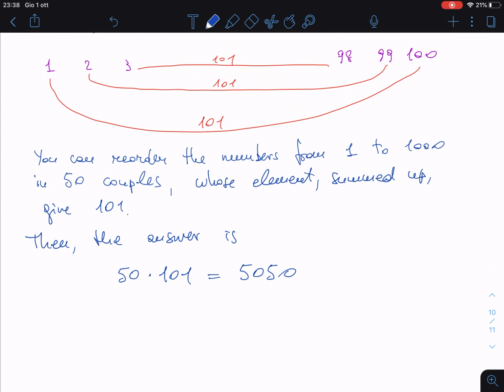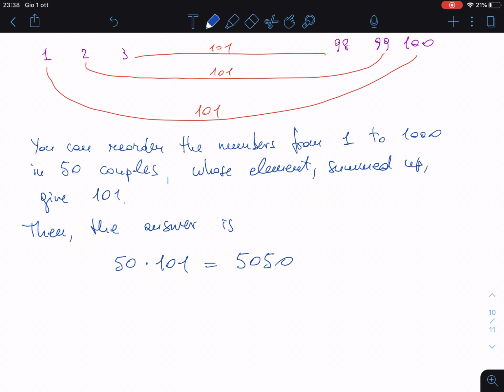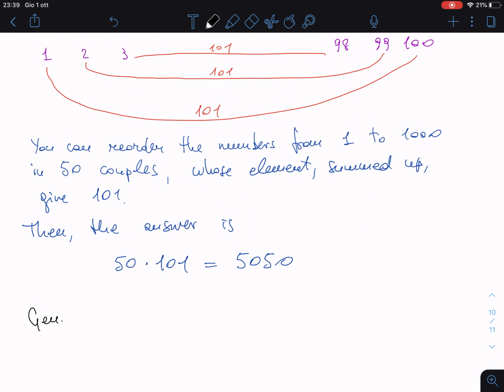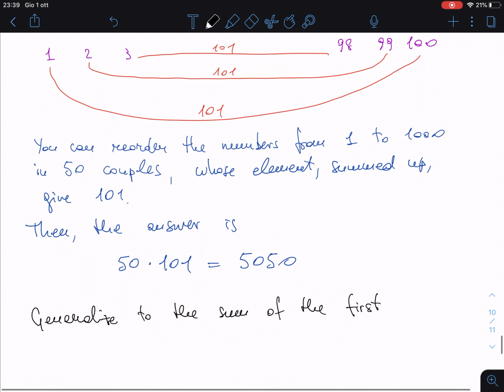Where does induction enter? So first, try to generalize to the sum, not of the first 100 numbers, but to the first n numbers. Start with n even.